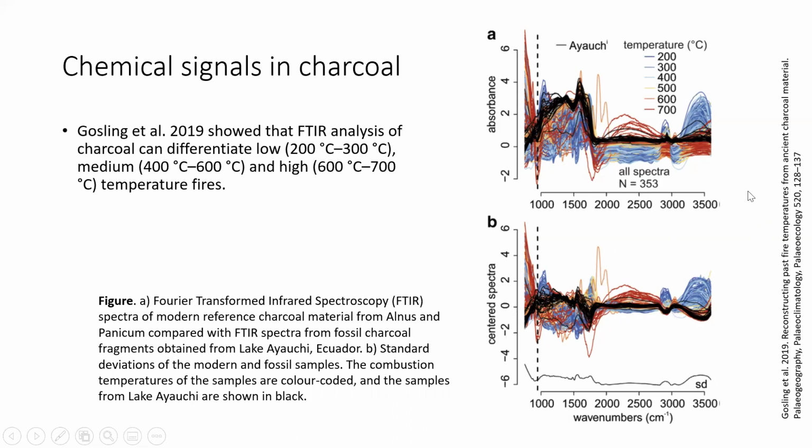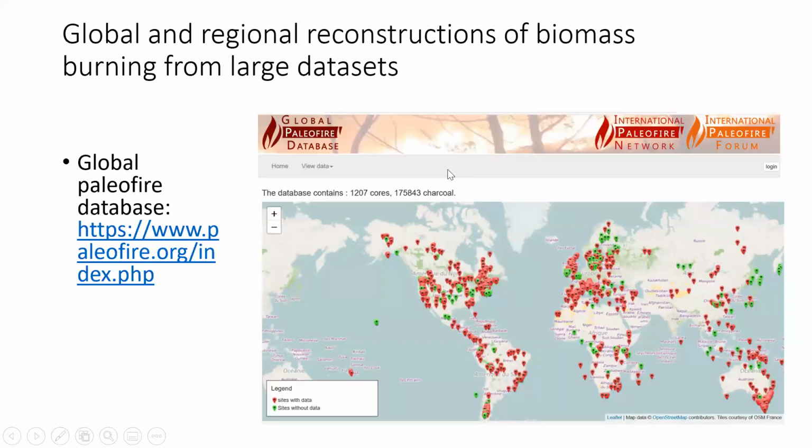So we can do some kind of interpretation of what kind of fire it was. And then, of course, combined with pollen records or charcoal morphology, this can give a more comprehensive reconstruction of the past fire regime. So this is one development.